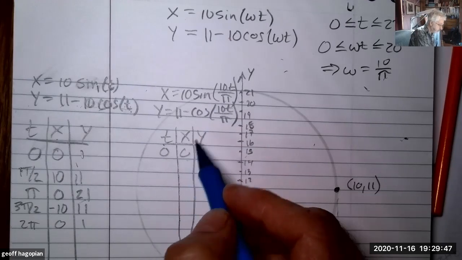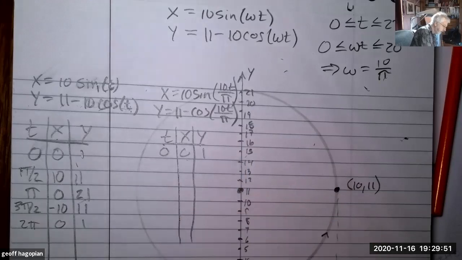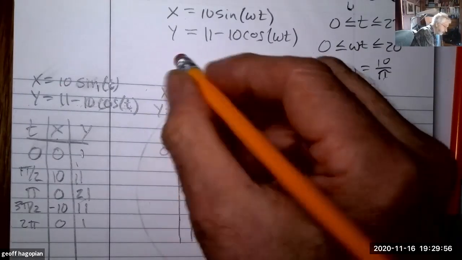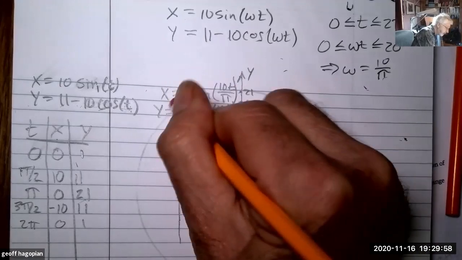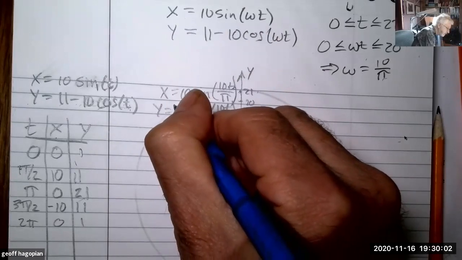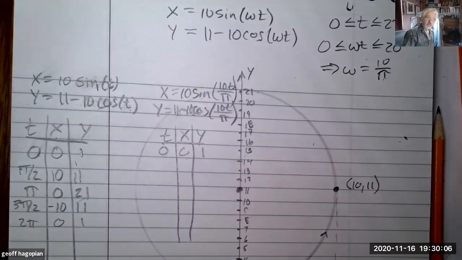That's x. Cosine of 0 is, oh, sorry, I forgot the 10 here. So easy to forget things, isn't it? Especially when there isn't much room. So this is 11 minus 10 cosine. Is that illegible enough?